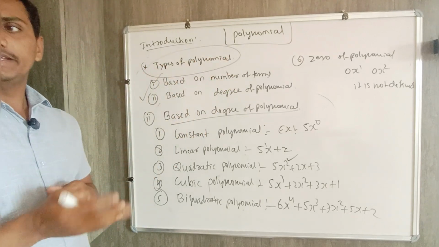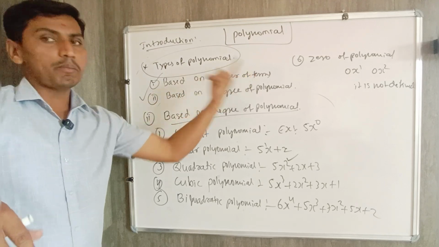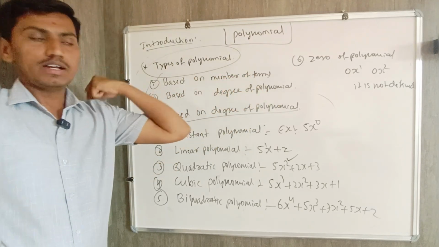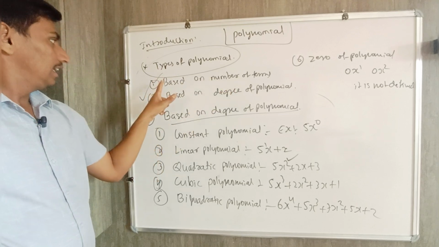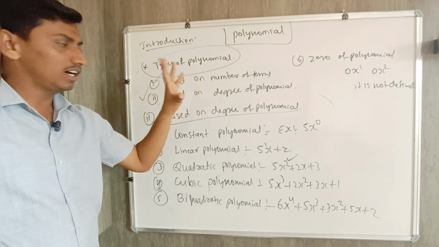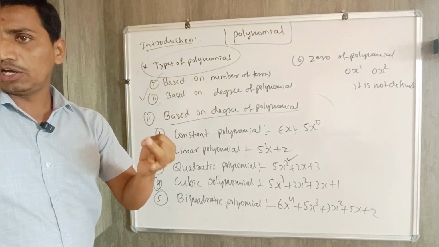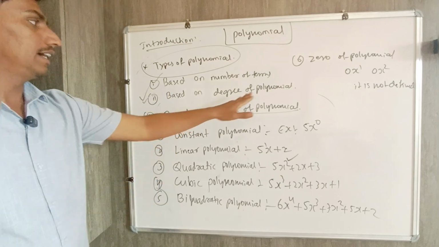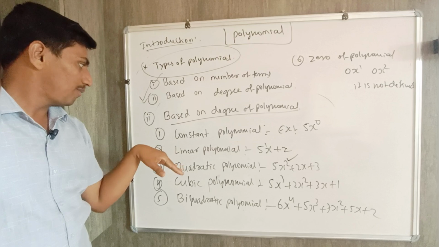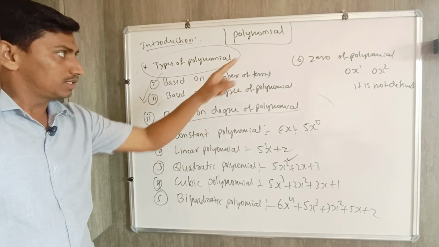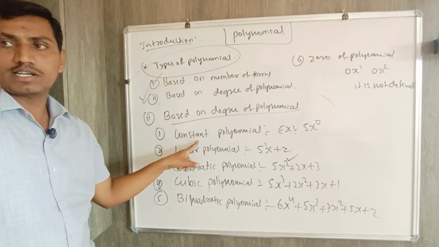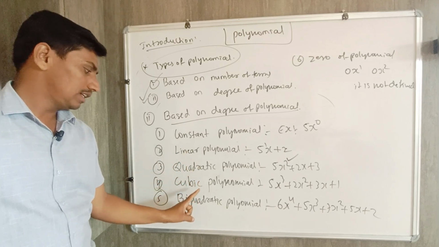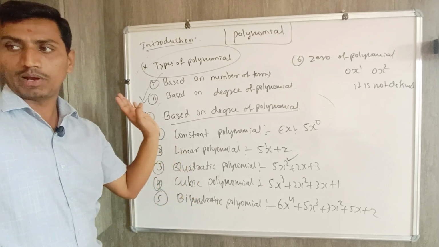In types of polynomial, there are two types: one based on the number of terms, and the second based on the degree of the polynomial. Based on the number of terms: monomial, binomial, trinomial. Based on the degree of the polynomial: zero polynomial, constant polynomial, linear polynomial, quadratic polynomial, cubic polynomial, biquadratic polynomial.